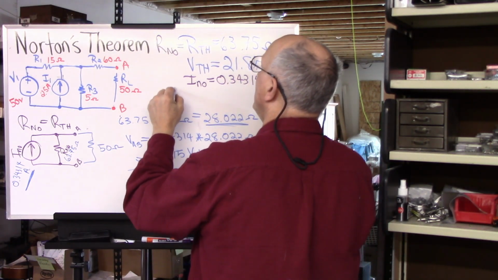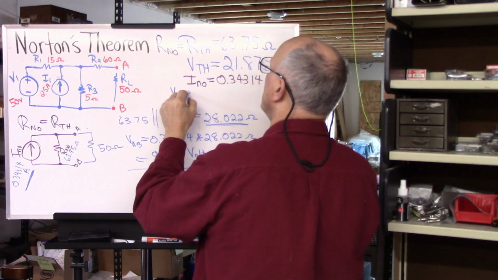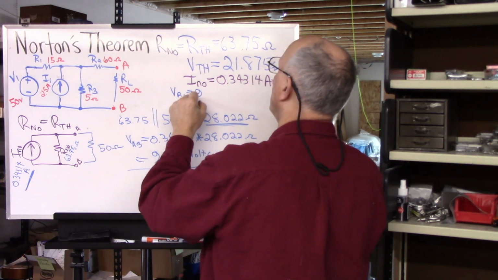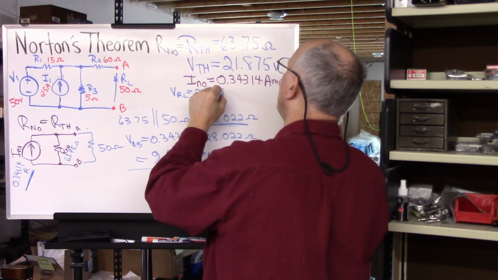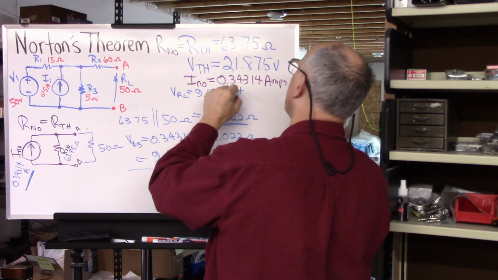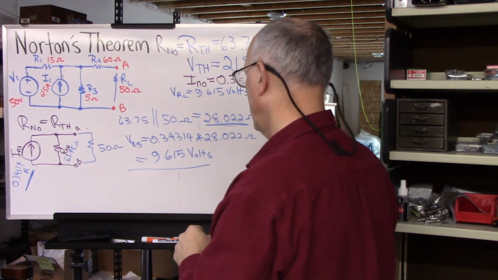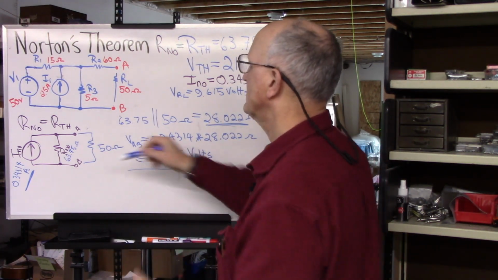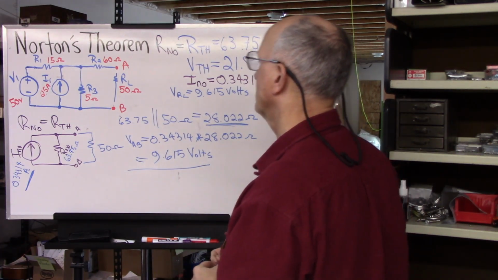So VRL is equal to 9.615 volts. Okay, so what's the current through the resistor?